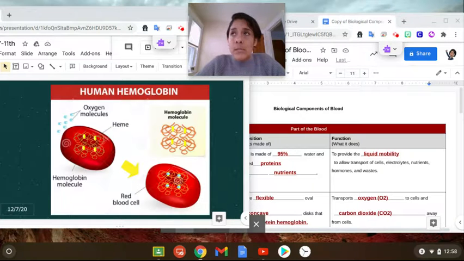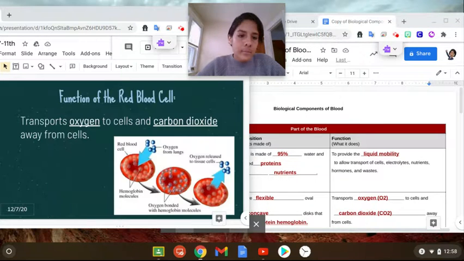And hemoglobin is important because it has on it some iron molecules, which are what the oxygen binds to. So the hemoglobin binds to the oxygen molecules and then is going to be able to be transported because of that. The function of the red blood cell is to transport oxygen to the cells.